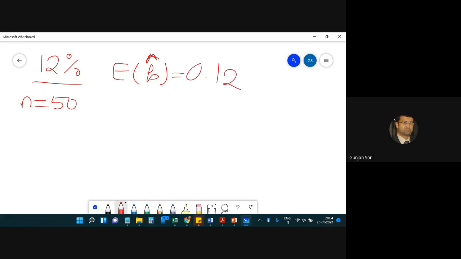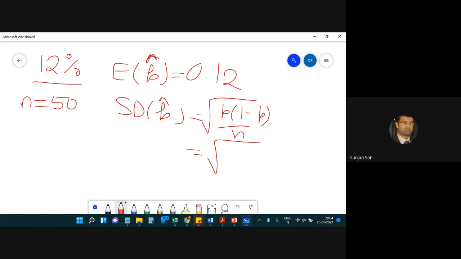So we can find out the standard deviation also. The standard deviation of p hat will be given by root of p into 1 minus p by n. So what value are you going to get? Quickly calculate and tell me.